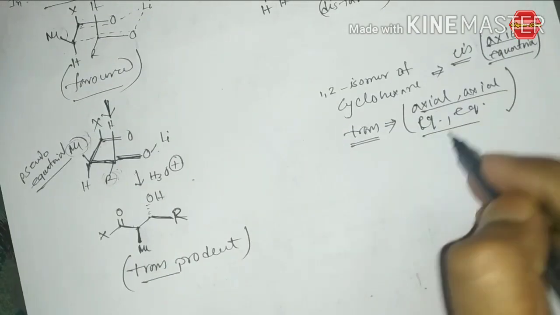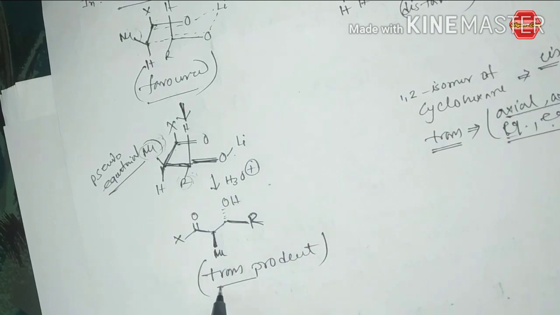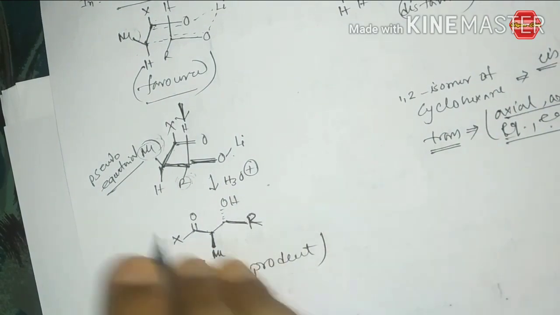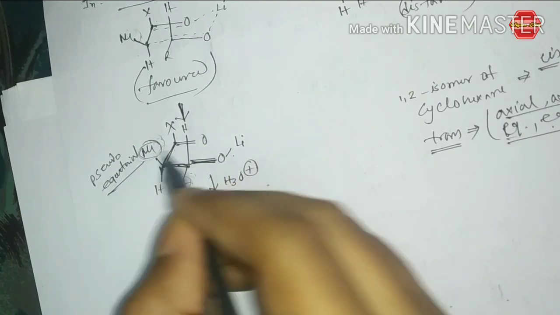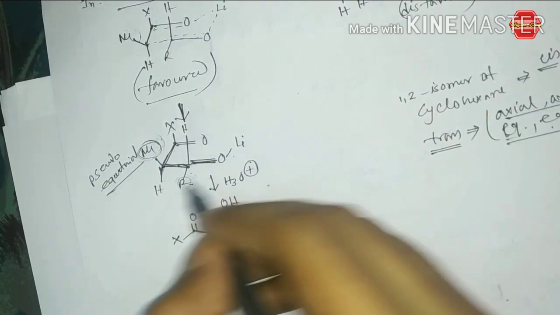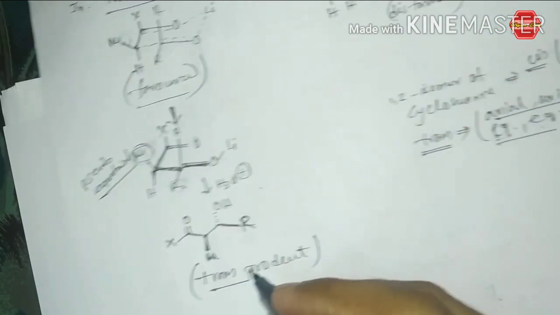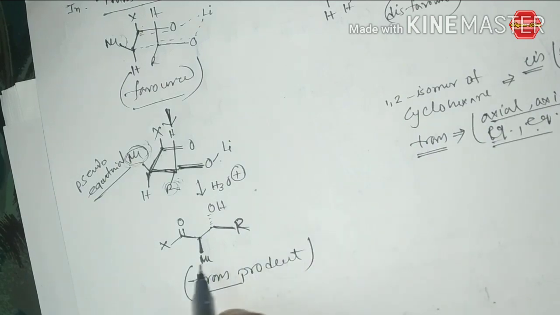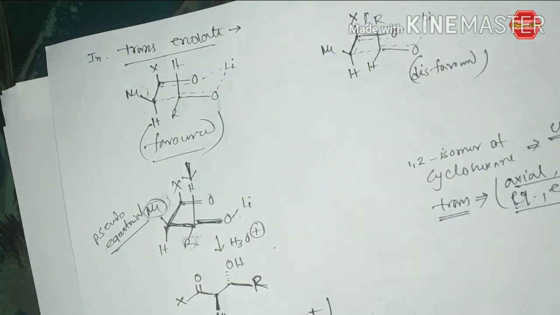So if these two bonds are equatorial, then these two are trans. These two are called trans. So in this type of structure there is a methyl group in equatorial, and after rotation there is an OH. This methyl and OH groups are trans to each other. Now you can easily find out the trans enolate gives the trans product.